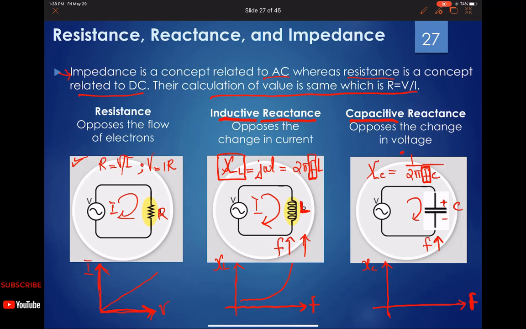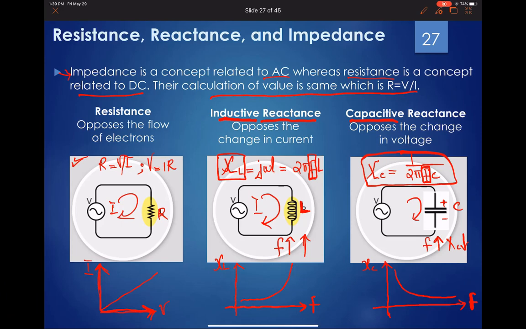That means this value is going to be extremely small. So as the frequency increases, capacitive reactance decreases, and there's an inverse relationship between them. It's going to look something like this. So that's the basic difference between resistance, inductive reactance, and capacitive reactance.